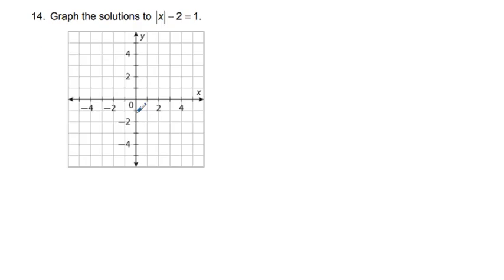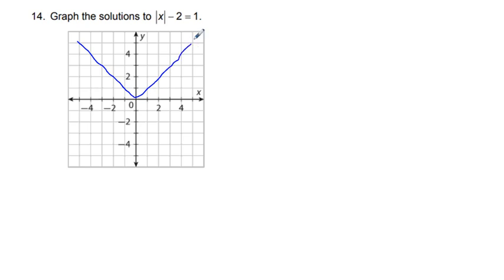Now, last one, 14, graph the solutions to absolute value of x minus 2 equals 1. What you can do is definitely graph this in a calculator. I'm going to do this without a calculator. So if I go ahead and just put in this, and then make a little view.